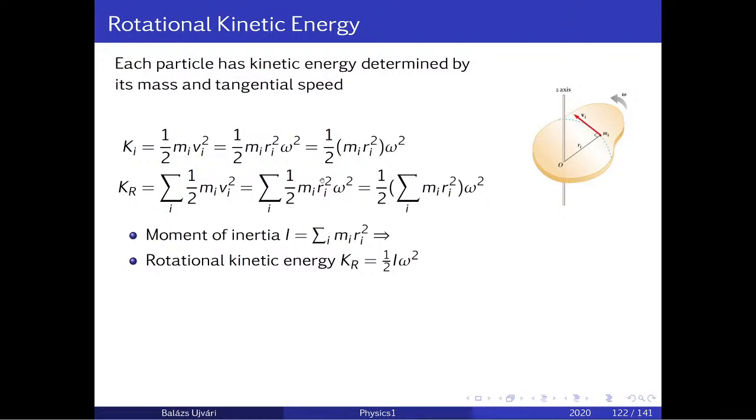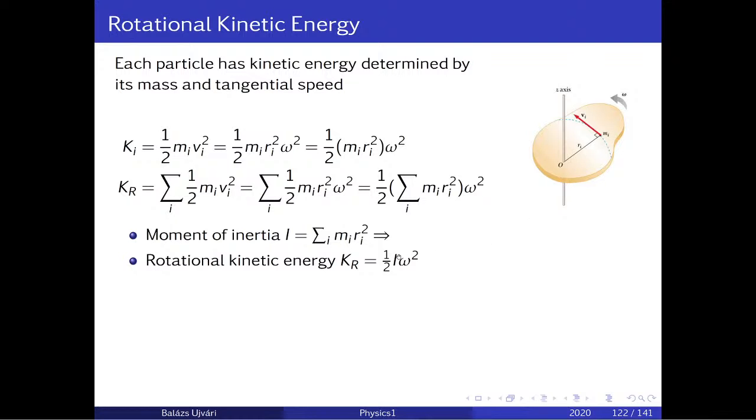Instead of v_i, we write again R_i and omega, and we will have a part like 1 over 2, and something which we can name the moment of inertia, which is true for the whole body. The velocity, unfortunately, depends on the position, on the distance from the axis of rotation.